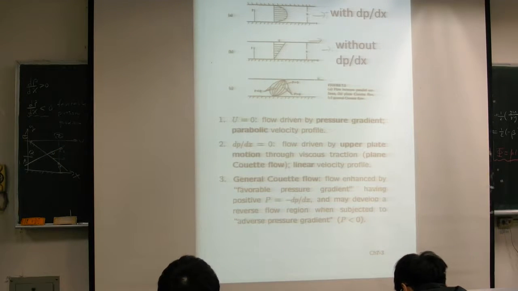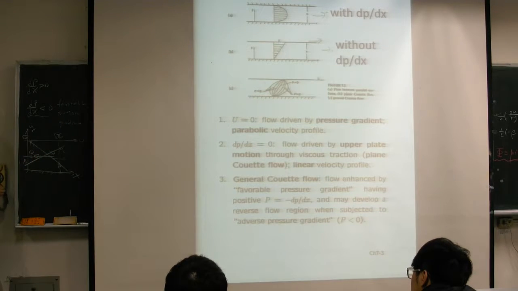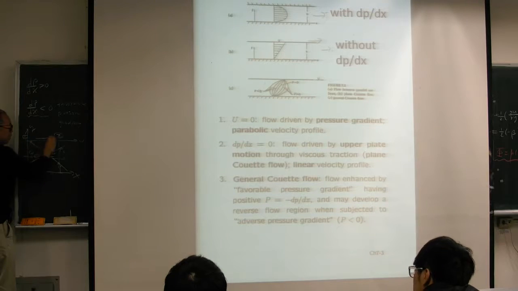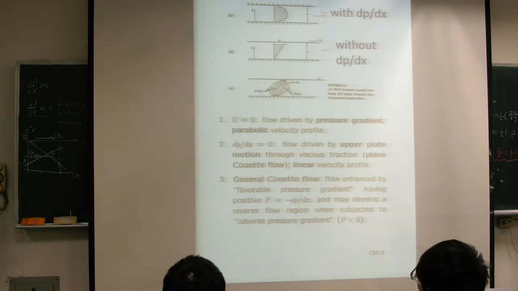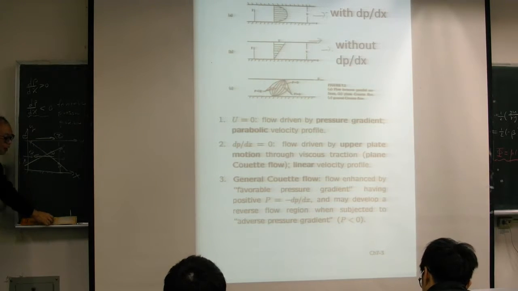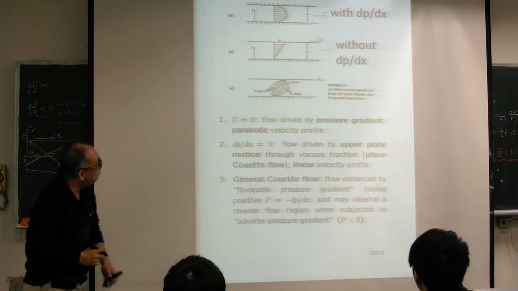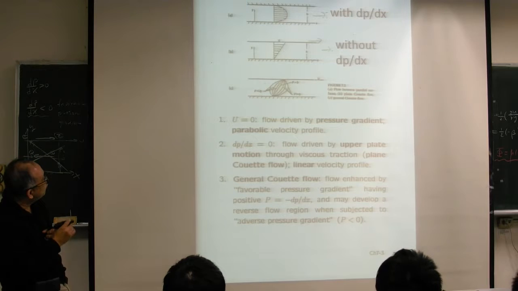So the pressure gradient gives us reverse flow, right? However, the moving wall will give us forward flow. So there are two contradictions, one wants to go forward, one backward. Depending on which one is stronger, it depends on our velocity and our pressure gradient.